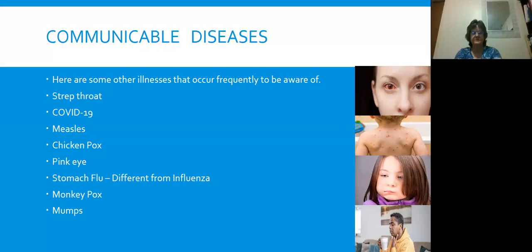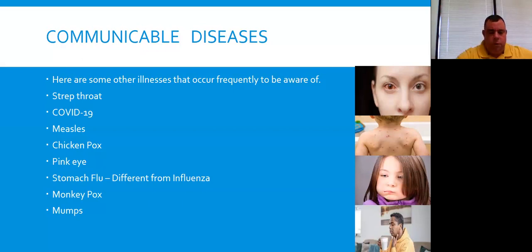Of course, a lot of us know what COVID-19 is, right? But COVID-19 is still out there, so be aware of that. There are vaccines available for COVID-19, but it is spread the same way as the common flu. So if you try some of those avoidance measures we already talked about, you have less chance of getting COVID-19.